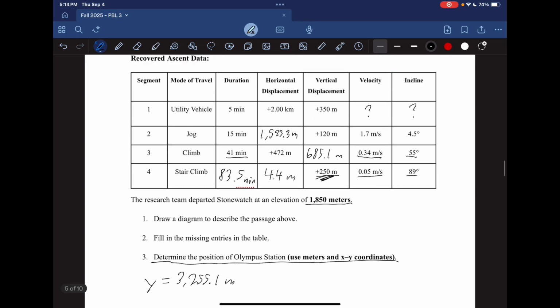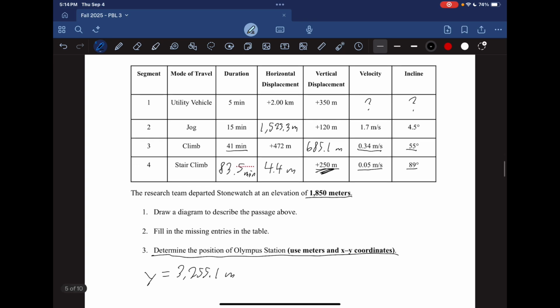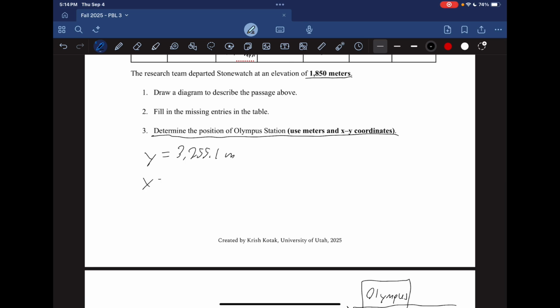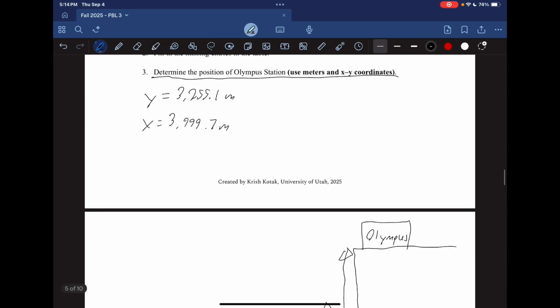So our Y is equal to 3,255.1 meters. For X, we have 2,000 meters plus 1523.3 meters plus 472 plus 4.4. So our X is 3,999.7 meters.